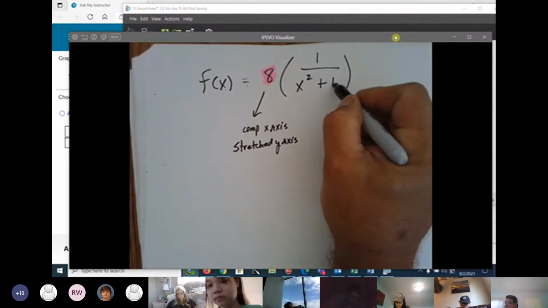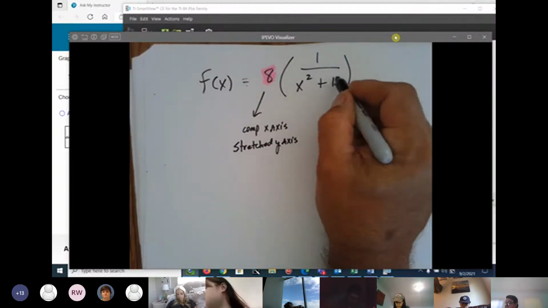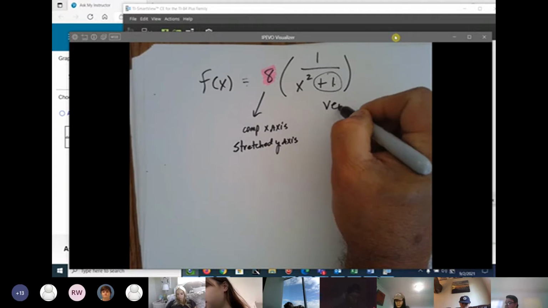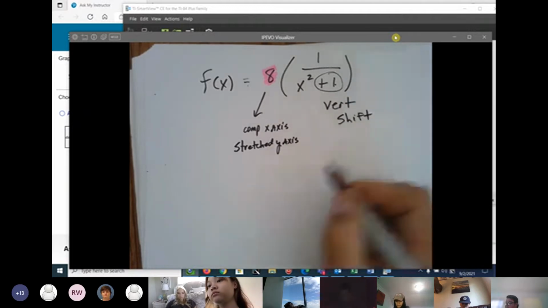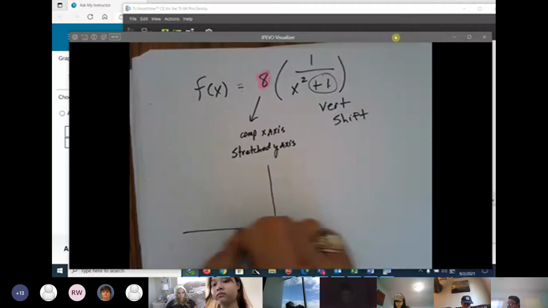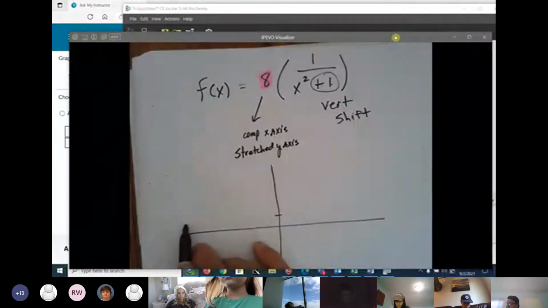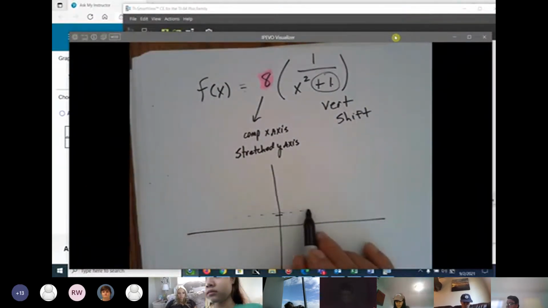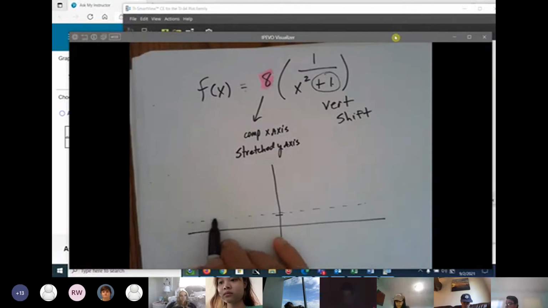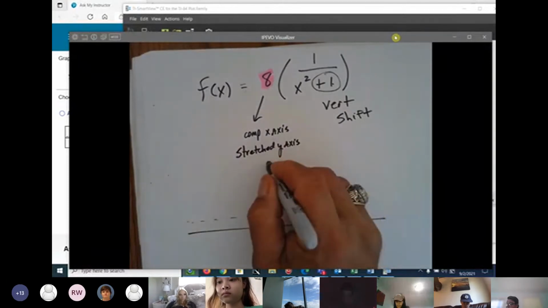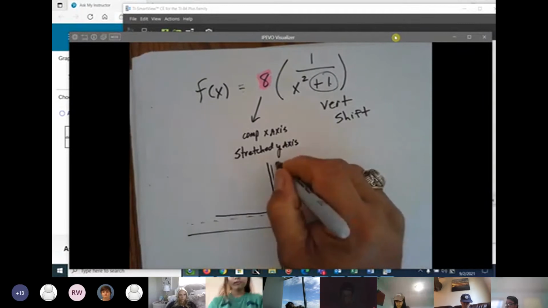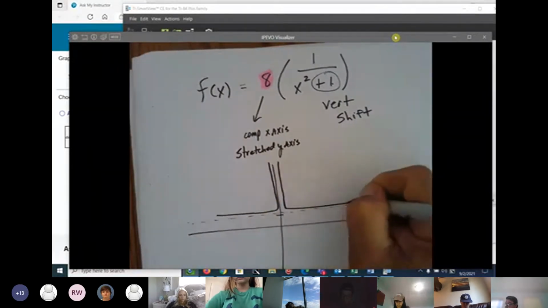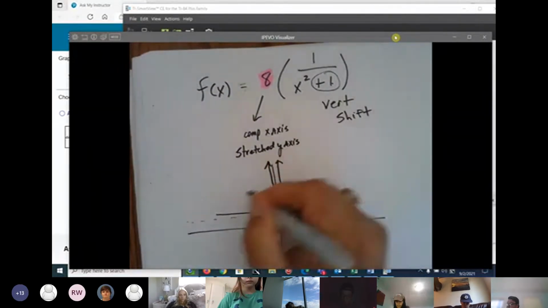And since this is not connected to the square, this right here is your vertical shift. So I know that 1 in the direction, and it's going to be more toward the corner like that. So it's going to look something like that.